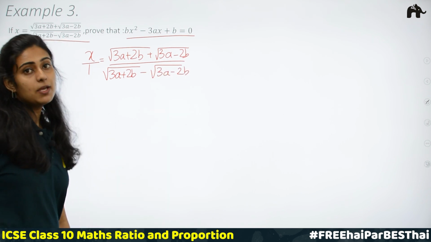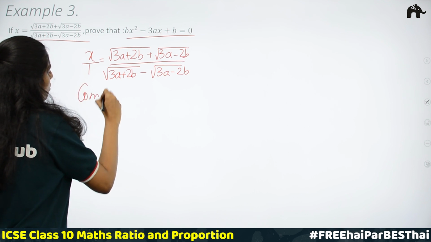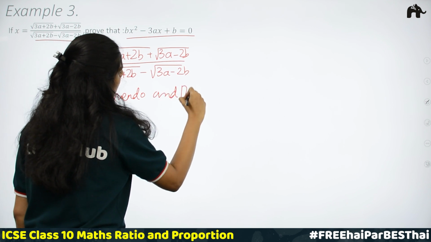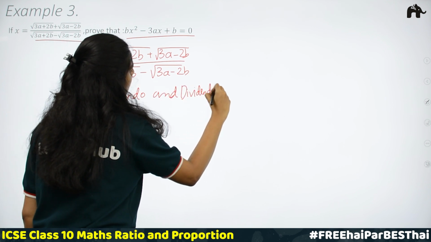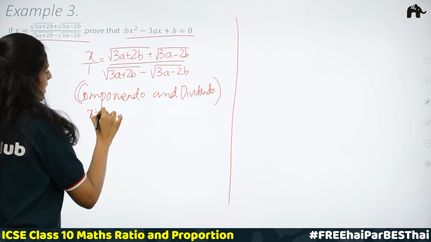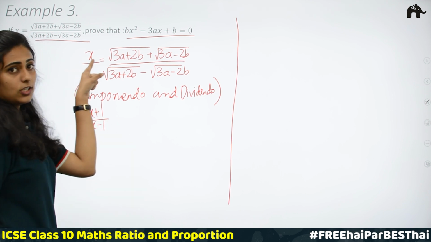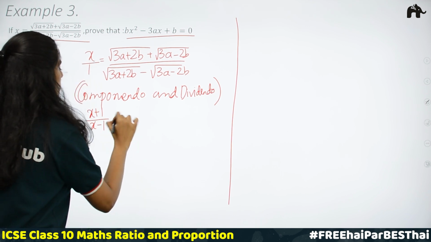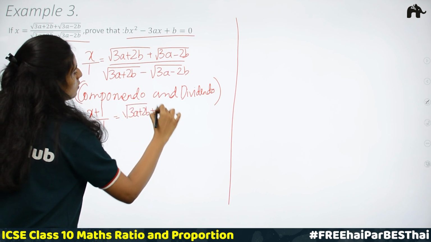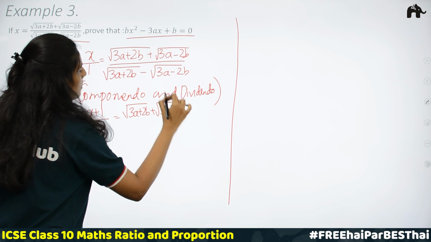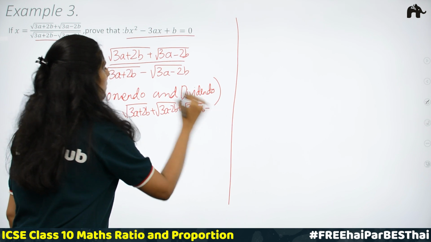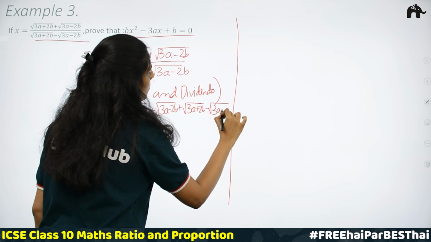Okay. Next step, we are applying the componendo and dividendo property. What do we get? First thing, (x plus 1) divided by (x minus 1). Here a is equal to x and b is equal to 1. Opposite side, root of (3a plus 2b) plus root of (3a minus 2b) plus root of (3a plus 2b) minus root of (3a minus 2b).